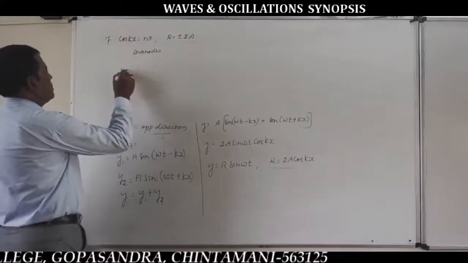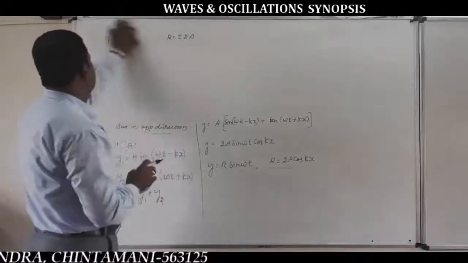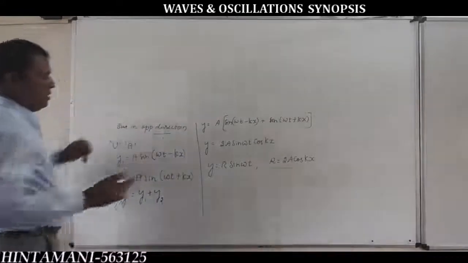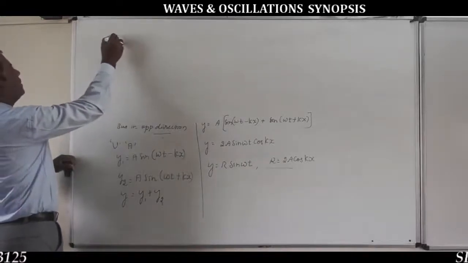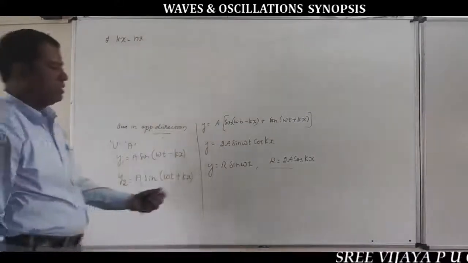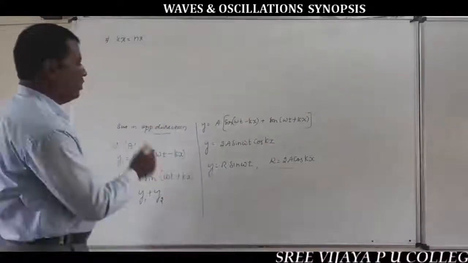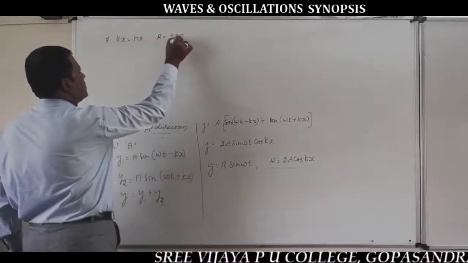And if cos, just a small rectification here. If kx is equal to n into pi, so just I will consider this kx. If kx is equal to n into pi, then you get r is equal to plus or minus 2a.